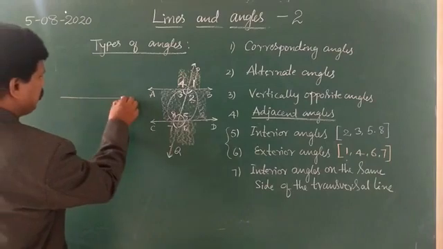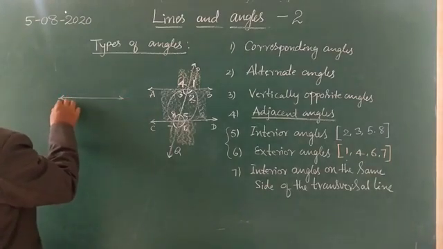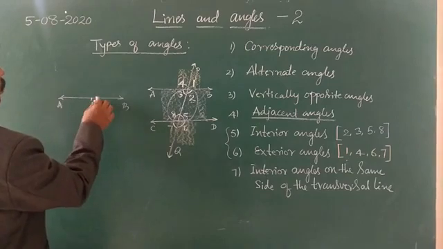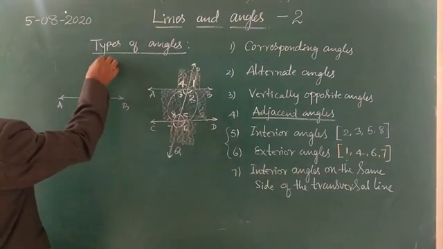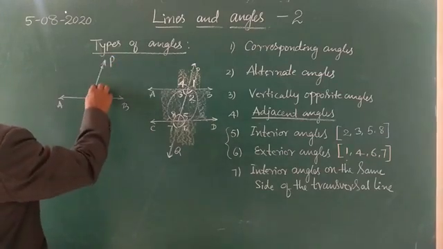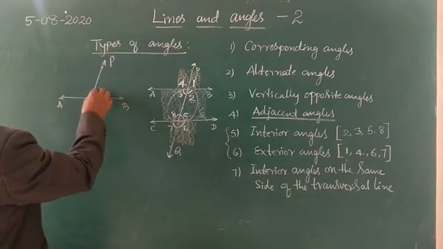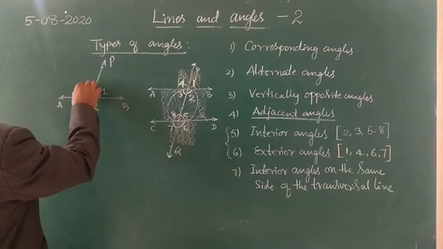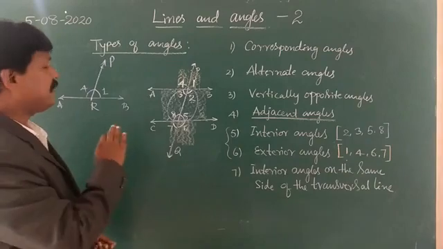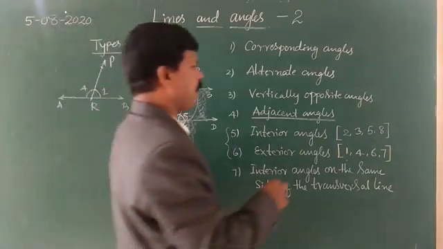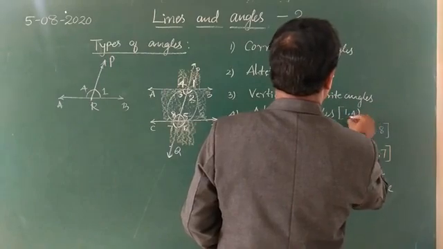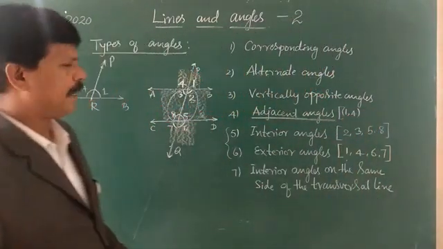If you are taking this, AB is a line and this is the point R and this is the line RP. Now this angle 1 and angle 4, these are called one pair of adjacent angles. Adjacent angles 1, 4 is an adjacent angle.